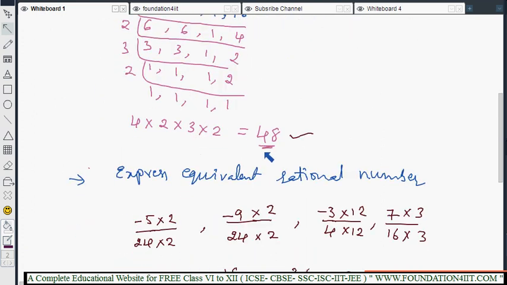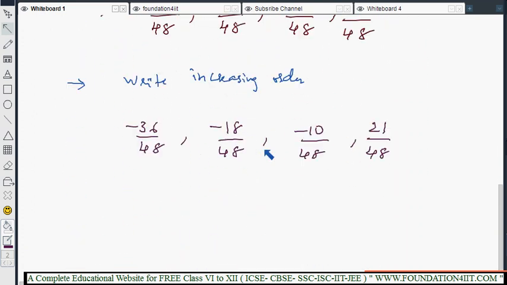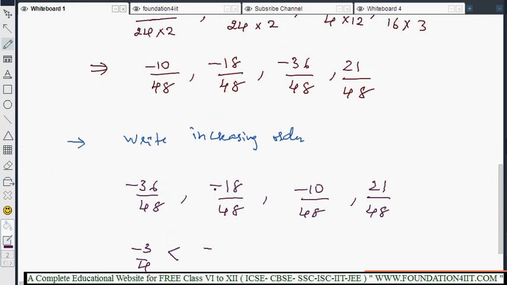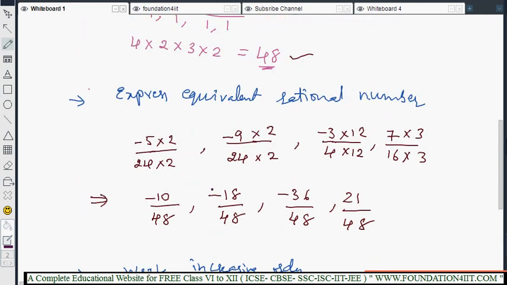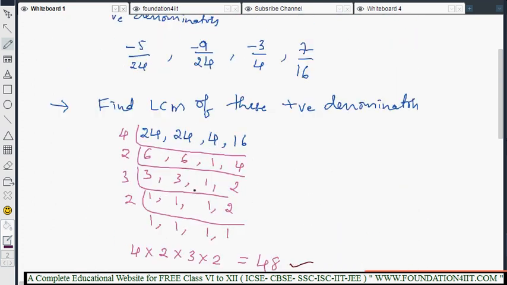So according to that, if you make it in increasing order, minus 3 by 4 is less. Next is minus 18 by 48, in second place.